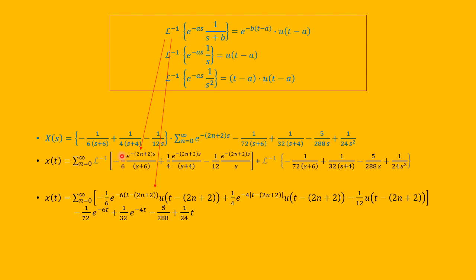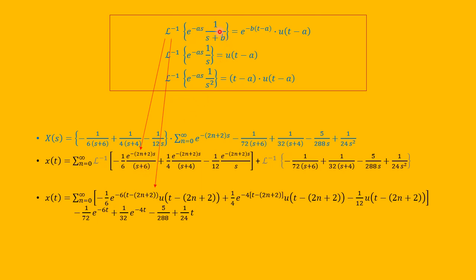We have a minus 1/6 out here, which can come out by linearity of the inverse transform. And then we have e to the minus (2n plus 2)s divided by s plus 6. If we look at this fraction, we notice that it's of the form e to the minus as, divided by s plus b, which in this case is s plus 6.